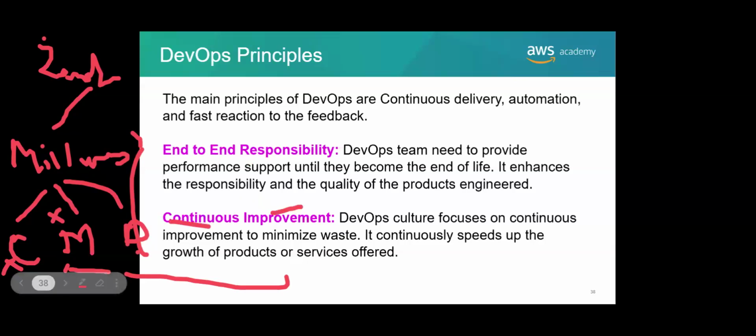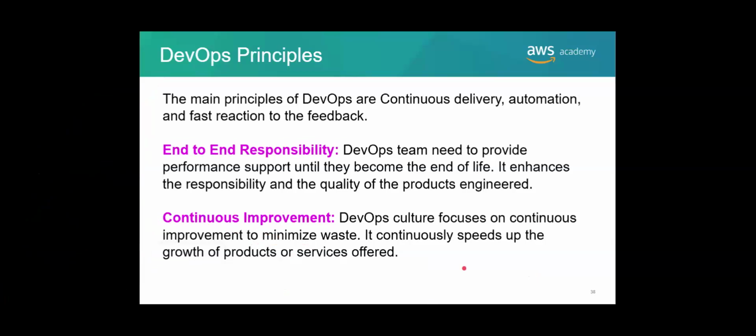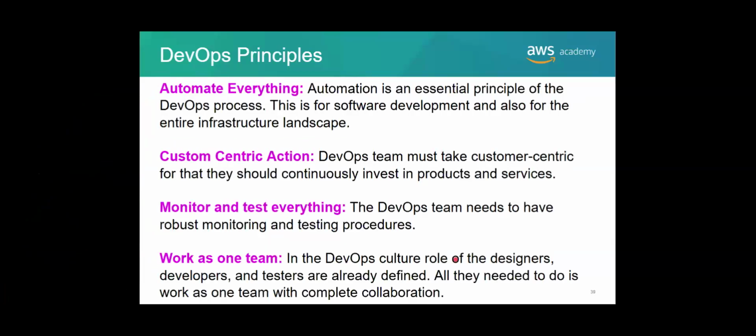Continuous improvement is the main goal of DevOps. There is a cultural focus on continuous improvement to minimize waste, as I just told you, and it continuously speeds up the growth of your product or services offered. That is your principle.